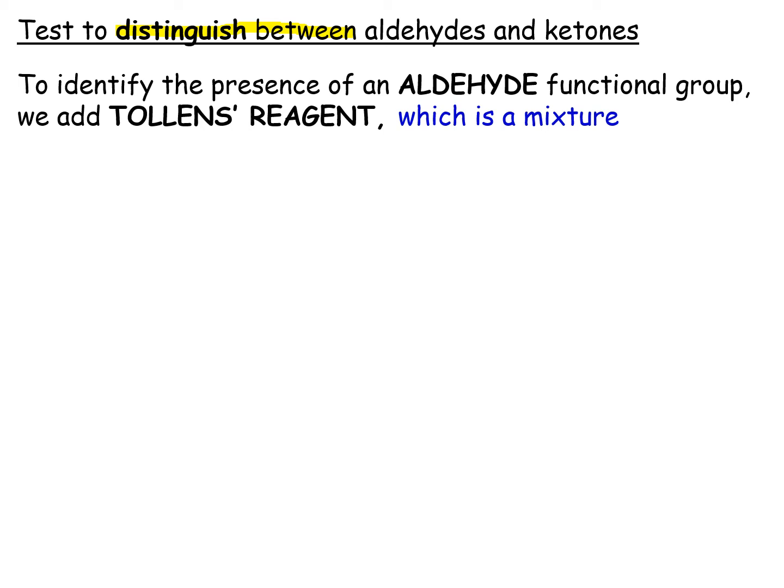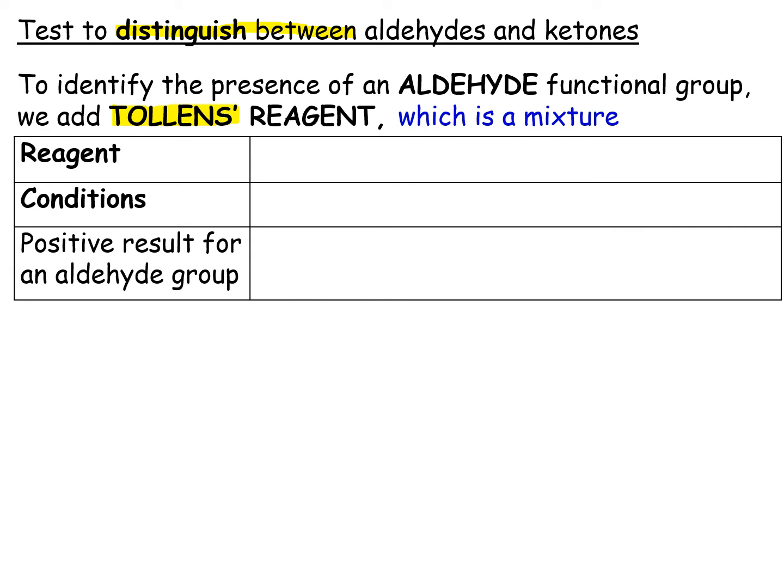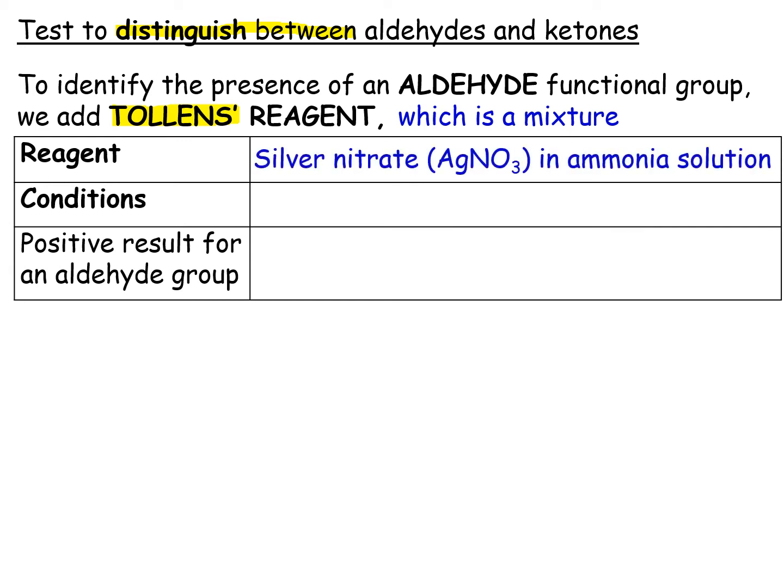Now to do this, the reagent that we use is called Tollens. So Tollens reagent is the common name. Now chemically that is a mixture of two things. It has silver nitrate in, and that is in ammonia solution.